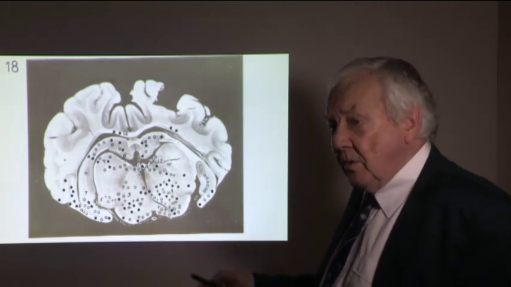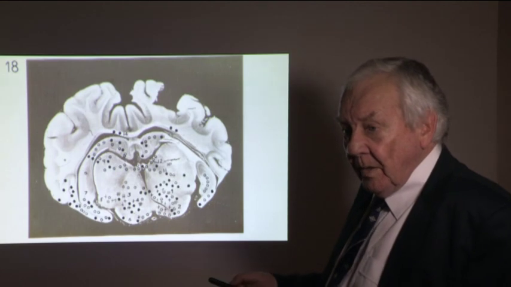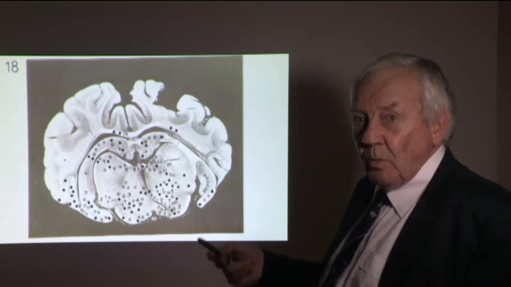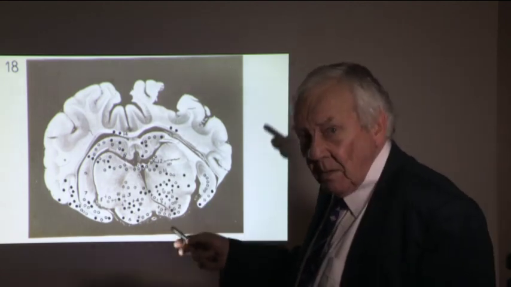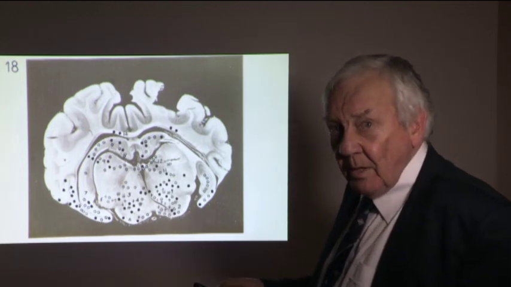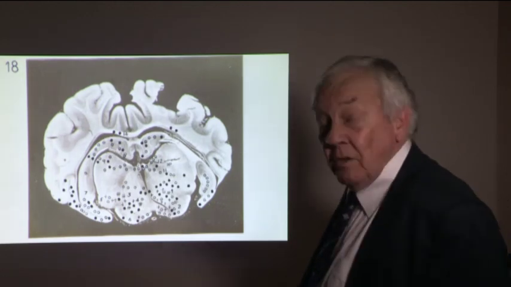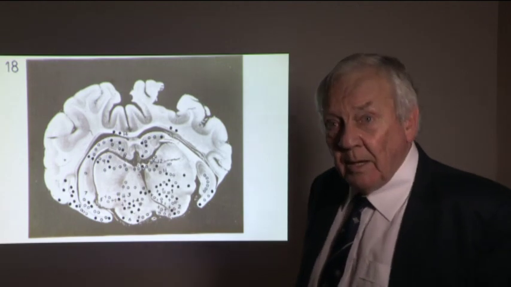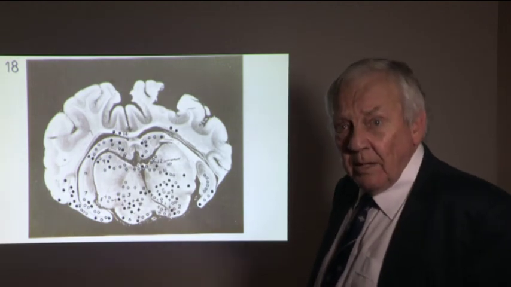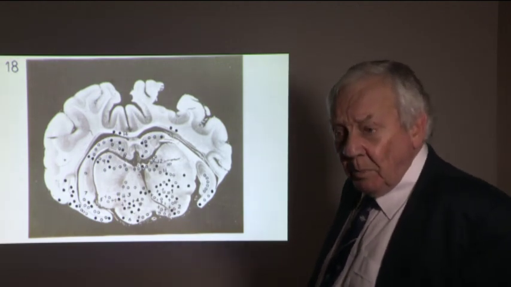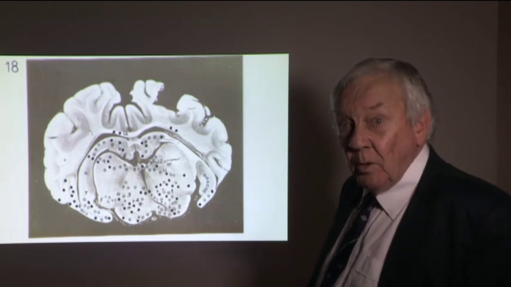Now, when Pig H recovers, there are various reasons why this pig recovers. And one of the reasons proposed is that there's remyelination of those demyelinated areas to permit that animal to walk normally again.